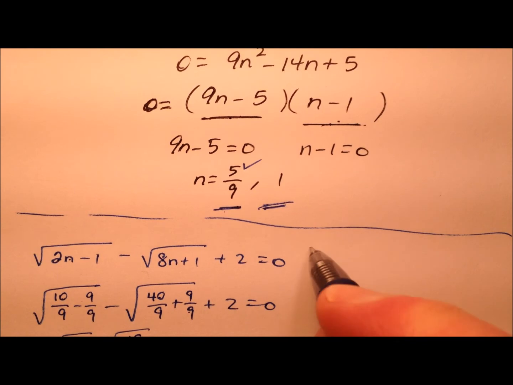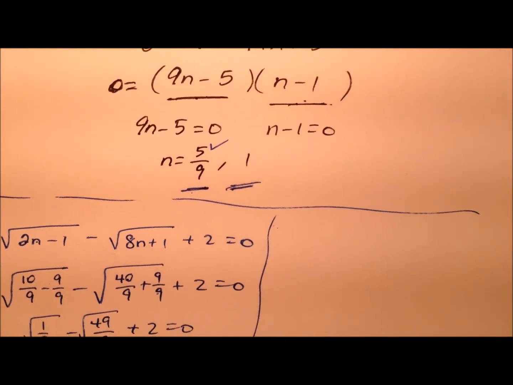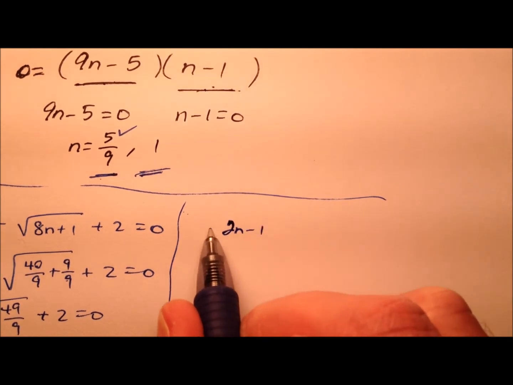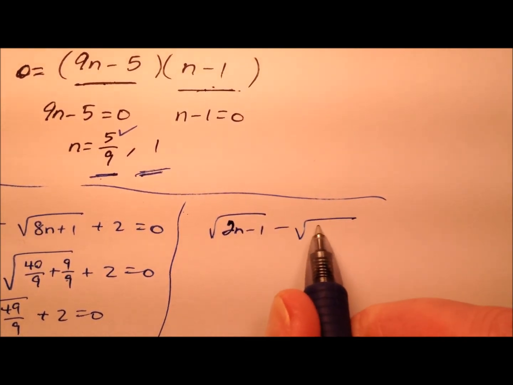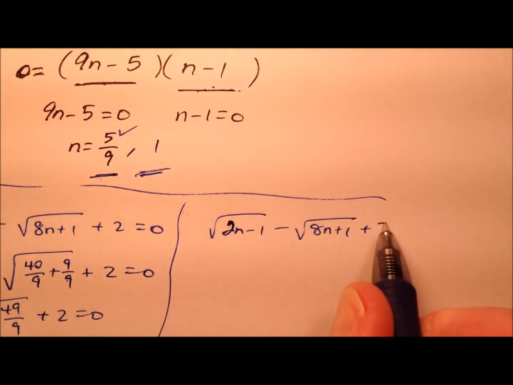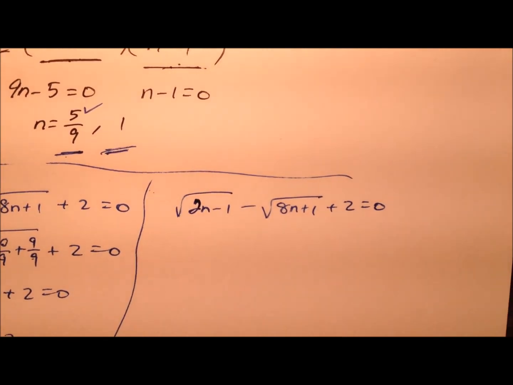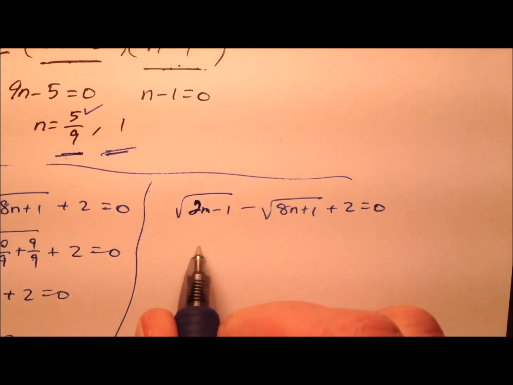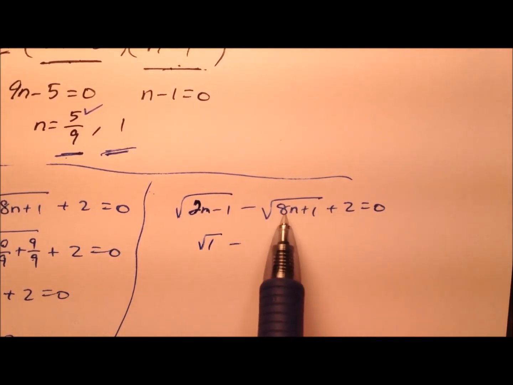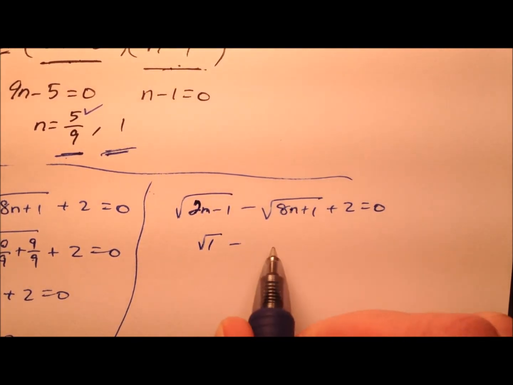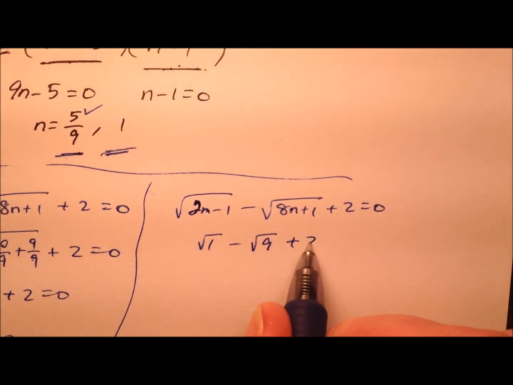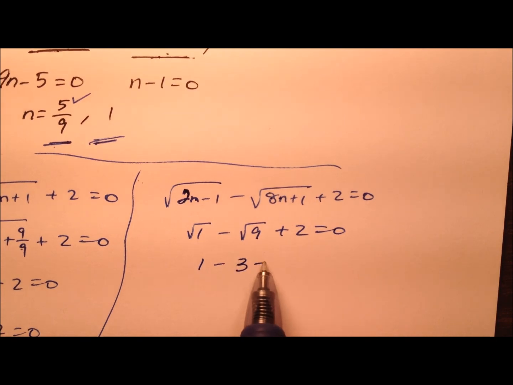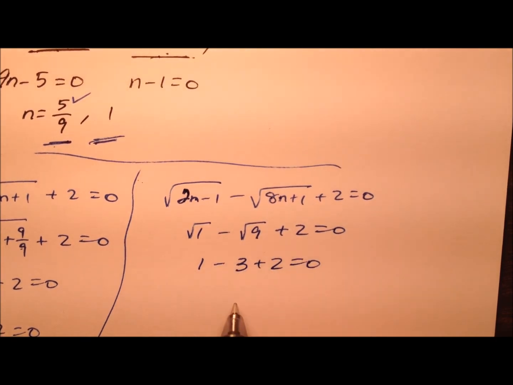Let's go ahead and try n equals 1 as well. I will one more time copy down this original equation, and we will plug 1 in for our value of n. So 2 times 1 is 2, 2 minus 1 is 1, and the square root of 1. 8 times 1 is 8, plus 1 is 9, so the square root of 9, and then plus 2 equals 0. 1 minus 3 plus 2 equals 0.